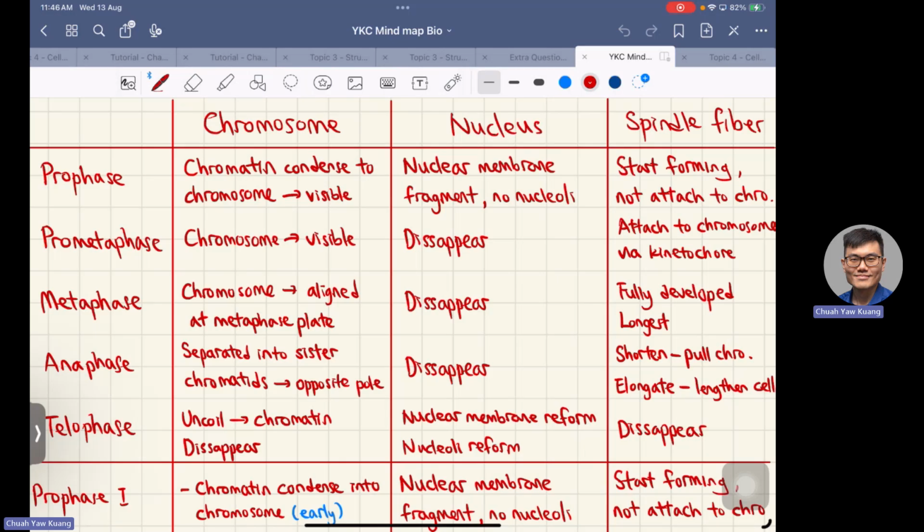That is the prometaphase. You can say that the nucleus disappeared.